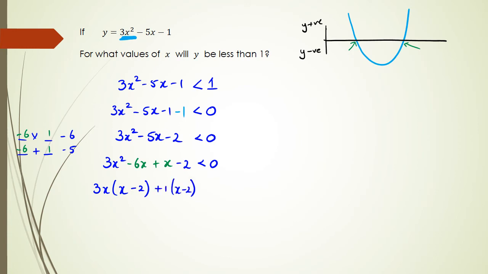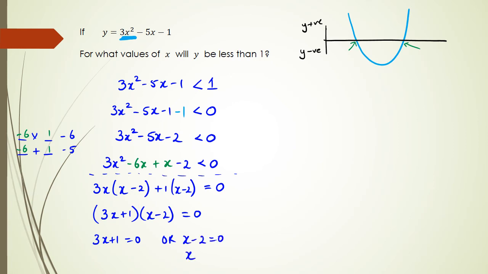Now instead of this being less than 0, I'm going to put a little break and set this equal to 0. When I factorize this, I get 3x plus 1 multiplied by x minus 2 is equal to 0. So 3x plus 1 equals 0, or x minus 2 equals 0.